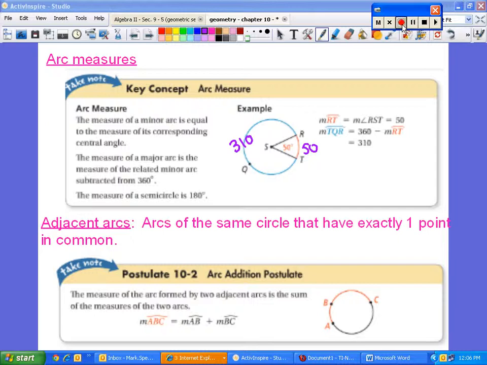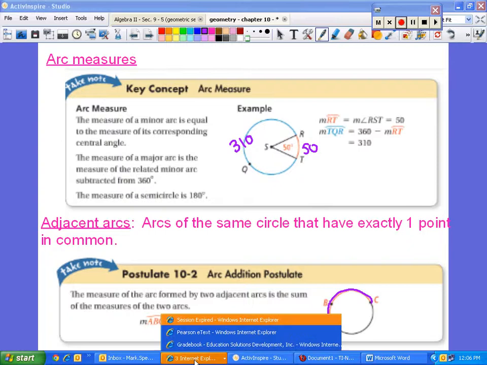What this is saying is that if you want to know how long arc ABC is, you take the measure of arc AB and you add it to the measure of arc BC. There's nothing earth-shattering about this. Frankly, it's hardly rocket science.